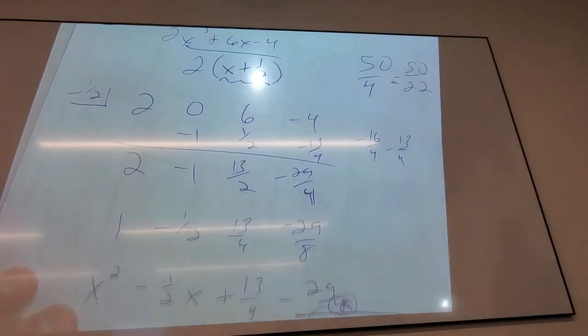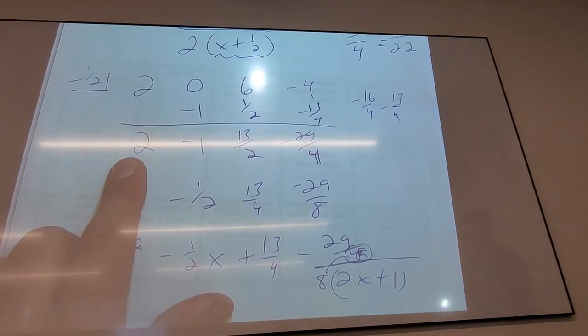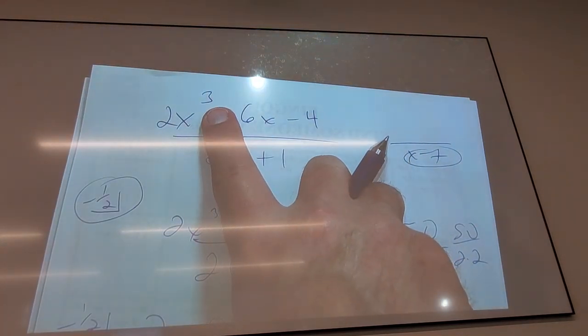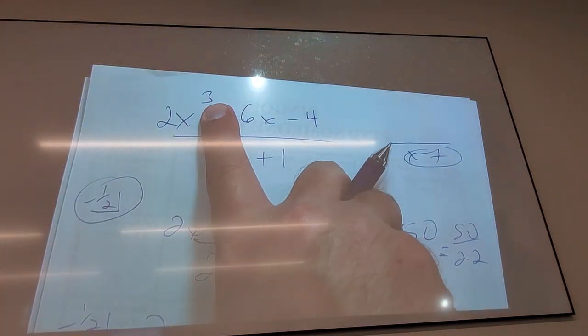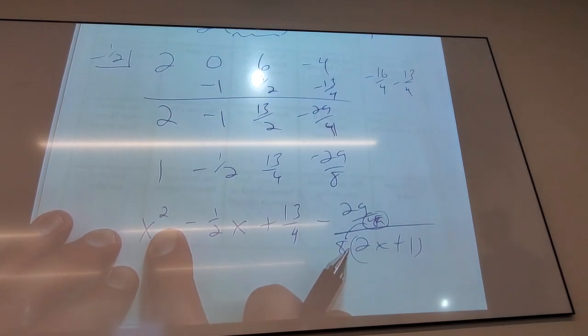Yes? So remember at the end of your synthetic division, are you talking about the powers? Yeah. So it was a cube, so when I divide by x stuff, it should end up being a squared now, the first one.